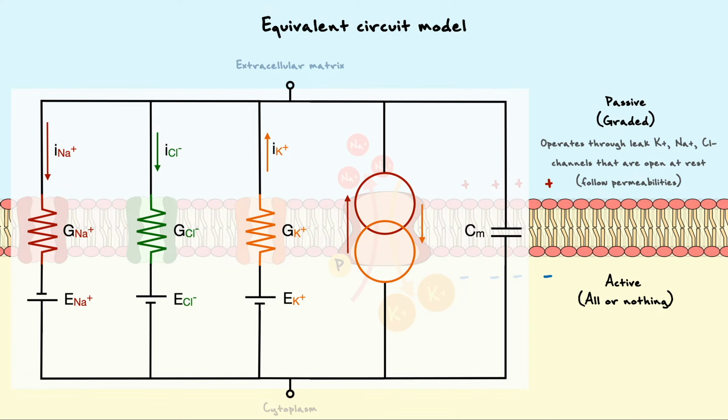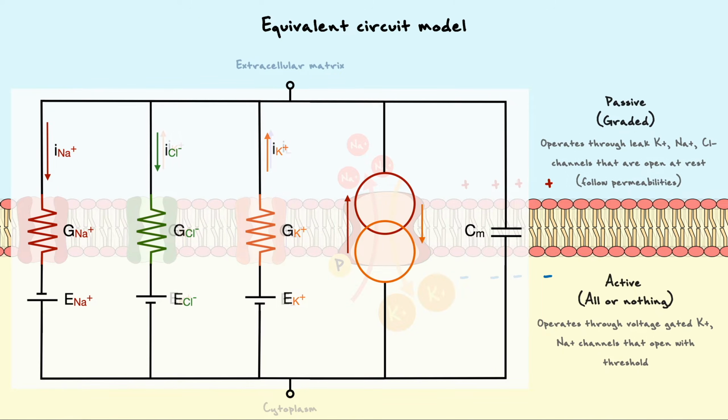On the other hand, the active all-or-nothing state operates through voltage-gated potassium and sodium channels that are only open at a specific threshold. Hence, you can see how this circuit can get a bit confusing because it does not discern between active and passive channels.